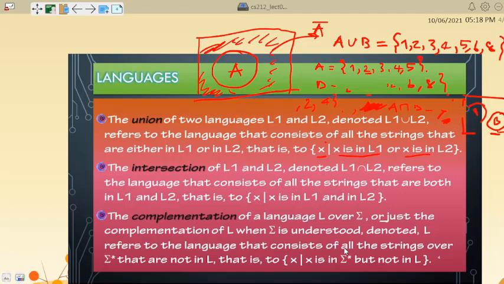So if our language L is over sigma, we say L complement is the language that consists of all strings over sigma star that are not in L. So x is a string that is not in L but is in sigma star.